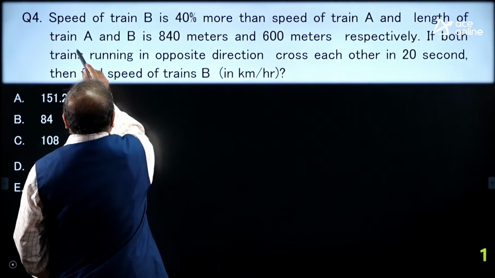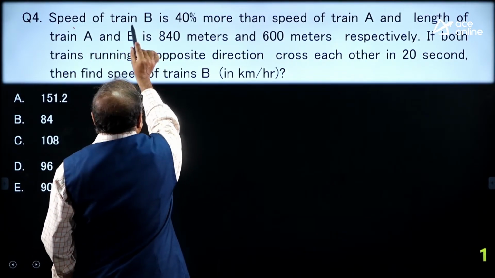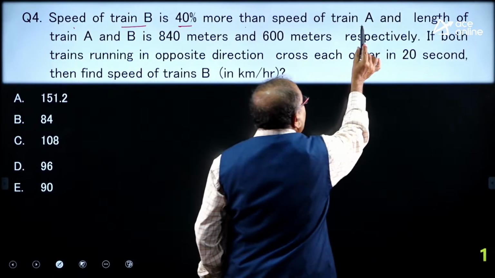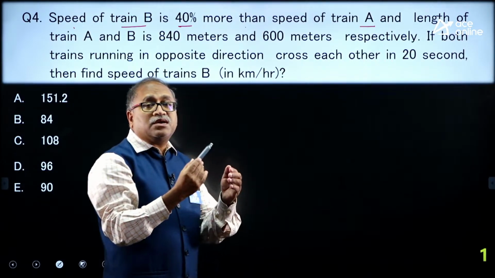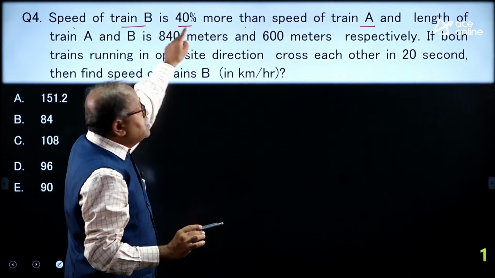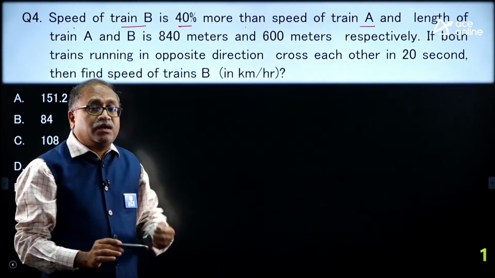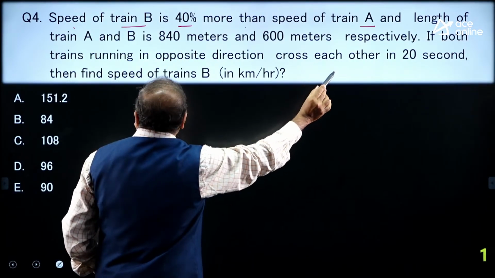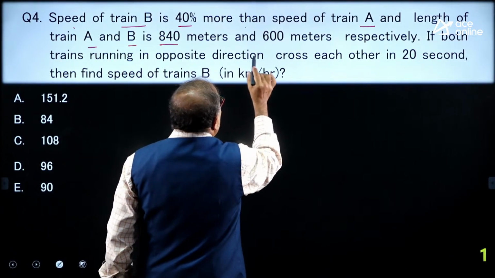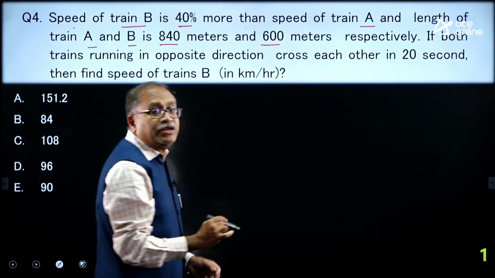For the solution part, speed of train B is 40% more than train A. That means, train A and train B speed is given over here. B is 40% more than A. The length of A and B is already given to us, 840 and 600 meters.